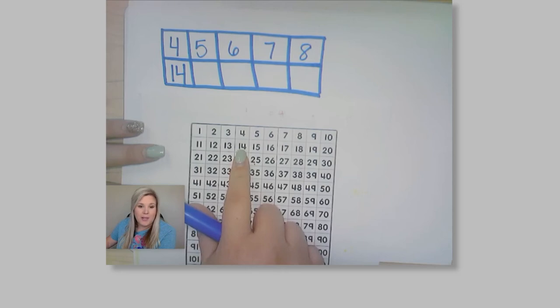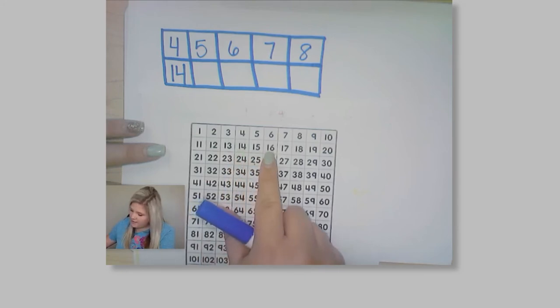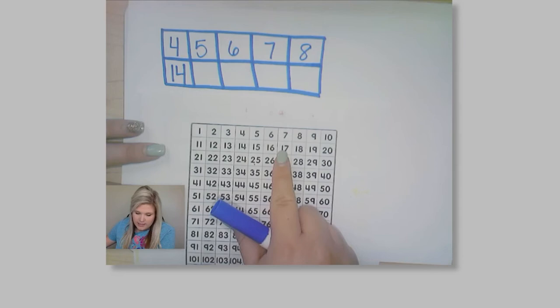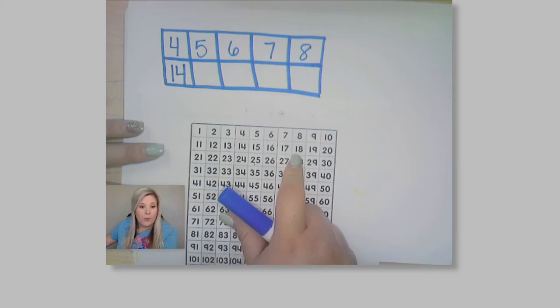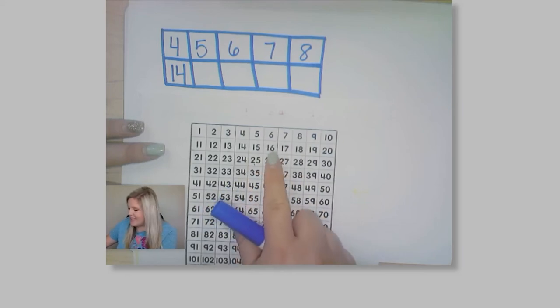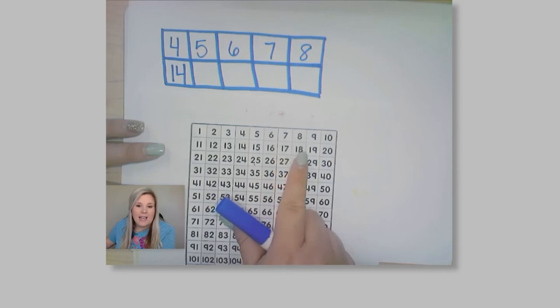Let's use the 120 chart to find the next 4 numbers. 14, 15, 16, 17, 18. So, what were the next 4 numbers after the number 14? 15, 16, 17, and 18.